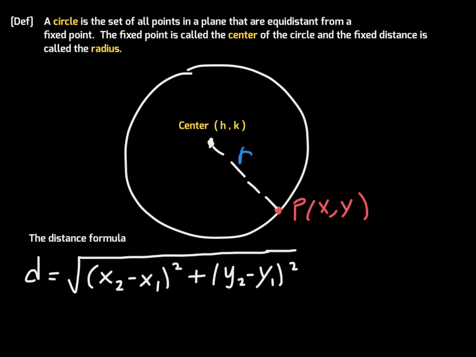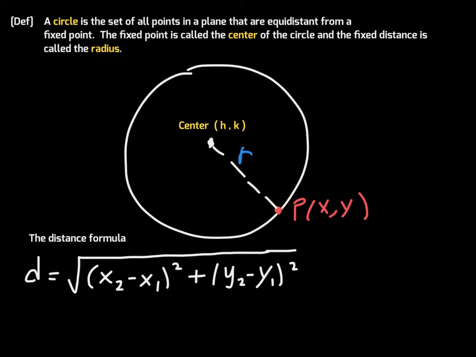Now, in order to derive the standard form for the equation of a circle, we're going to use something called the distance formula. It might have been a while since you've seen this formula. This formula says that the distance between any two points in the Cartesian plane is equal to the square root of the sum of the squares of the differences between the x coordinates and the y coordinates.